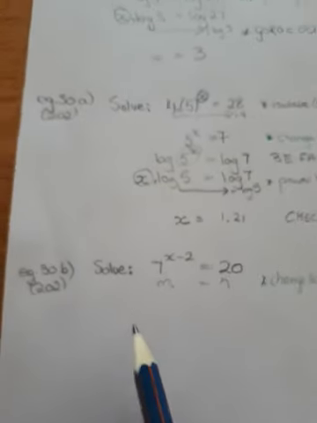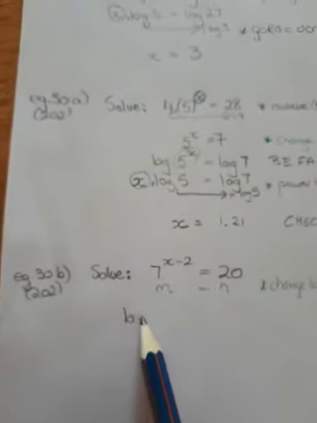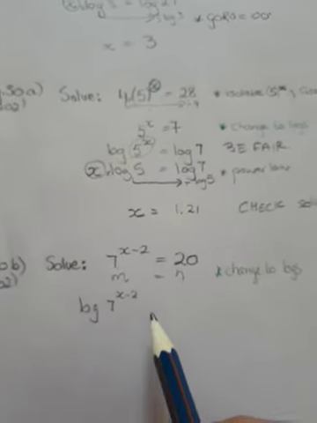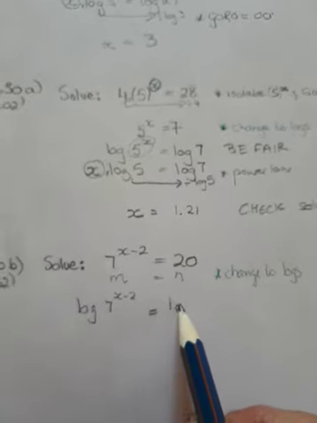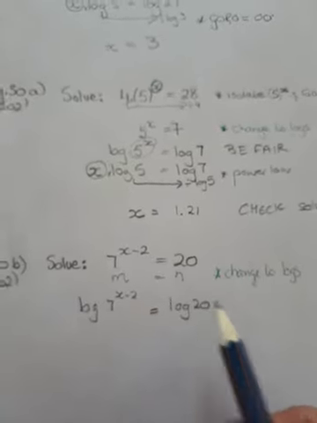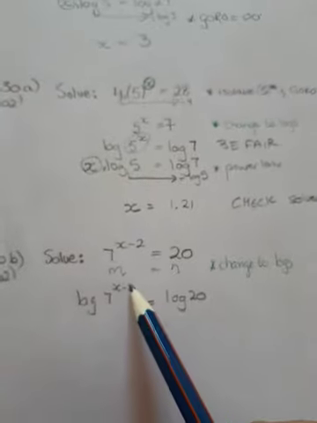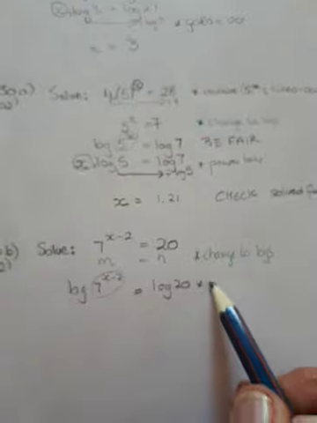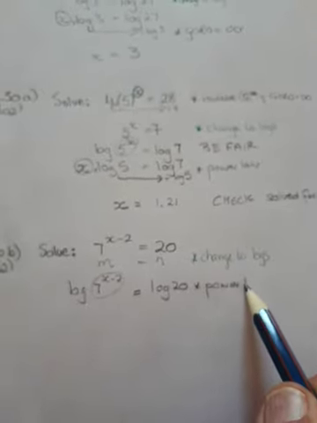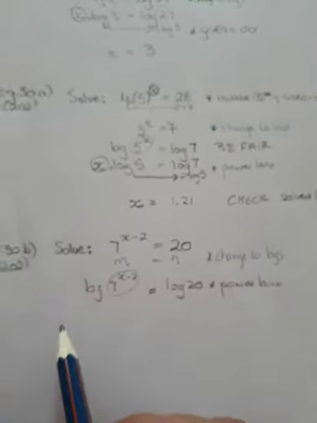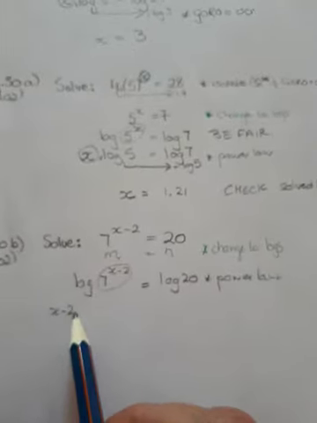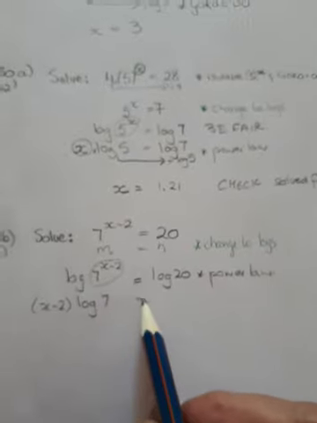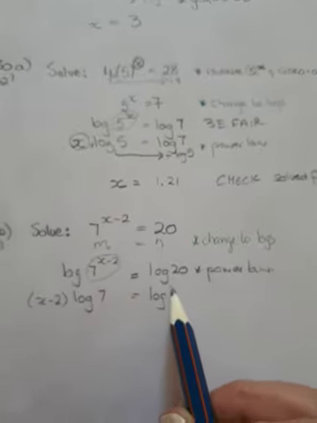So we will change that to the log of 7 to the power of x minus 2 equals the log of 20. And once again, you should recognize this as the power law of logs, which means it becomes x minus 2 log 7 equals log 20.